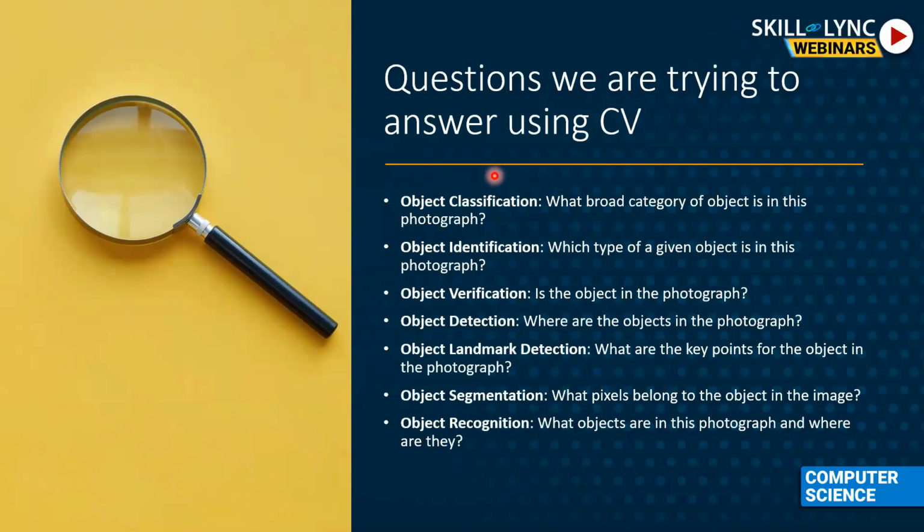To classify some objects into broad categories, we can do this using object classification, not only in driverless cars, but for example, if we have some simple software that just says whether this photo is a dog, or a cat, or a rabbit, that kind of classification to just say what this object is, in a very broad general term. These kinds of questions we can answer using computer vision.